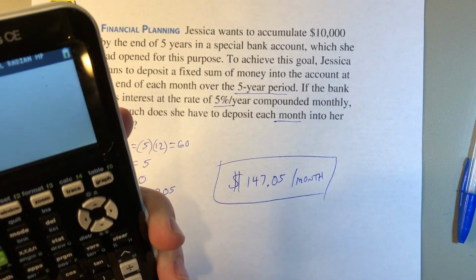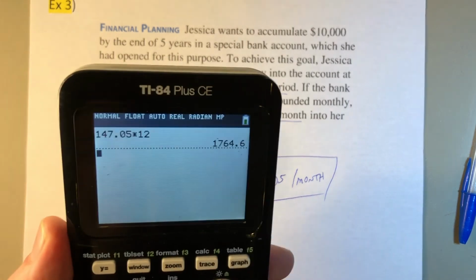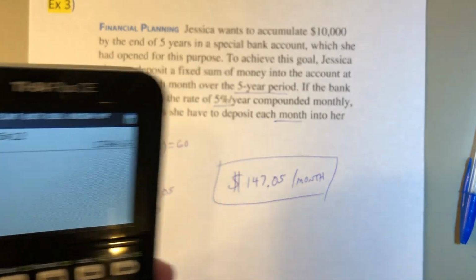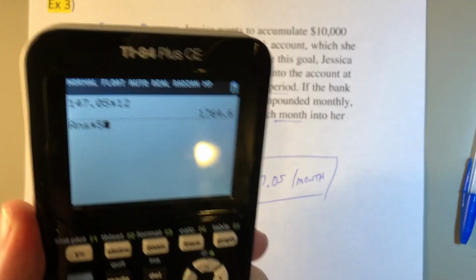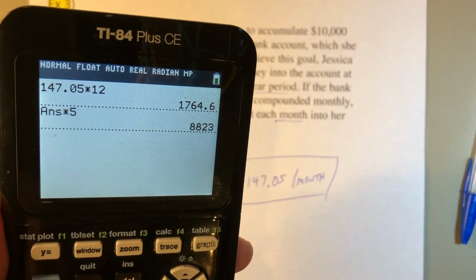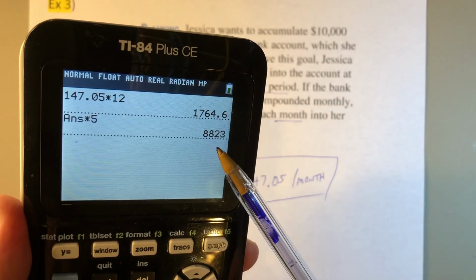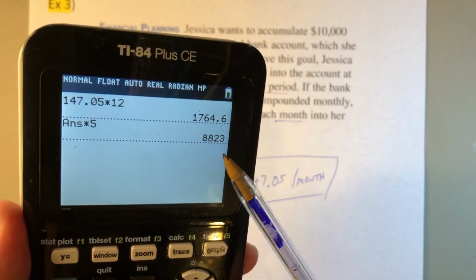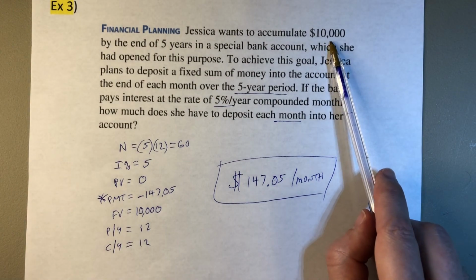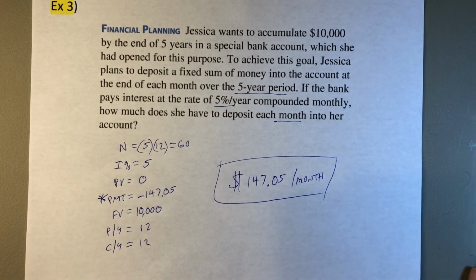So $147.05 times 12, and then we're going to be doing this for 5 years, so times 5. So if interest was not a factor, Jessica would only save $8,823. So that just goes to show you the power of interest and that time value that interest has on money.